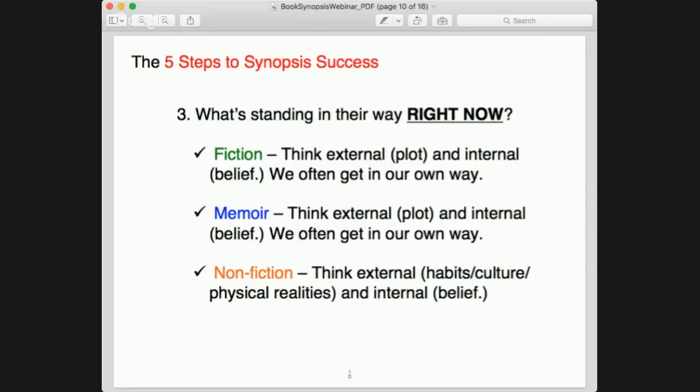One of the sample synopses that you can see on the download, again, those are all on the webpage, jennynash.com/offers. On the sample, it's the last one in the set of 6, and it's a nonfiction example, a business book called Generosity at Work.